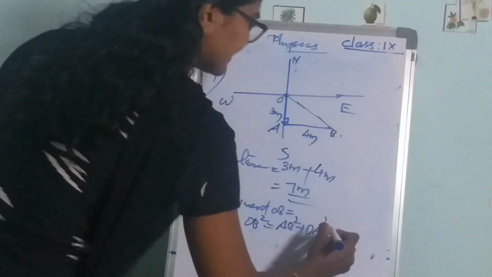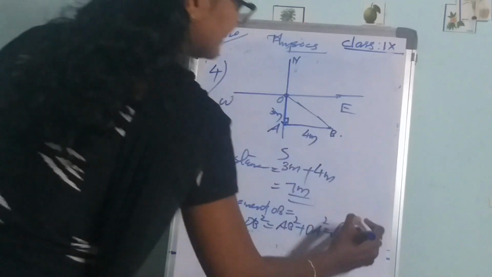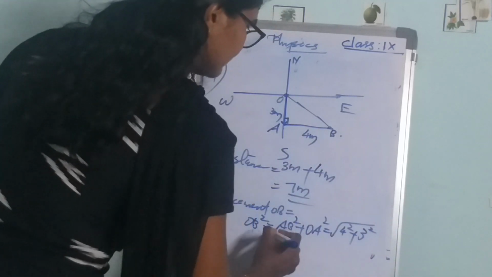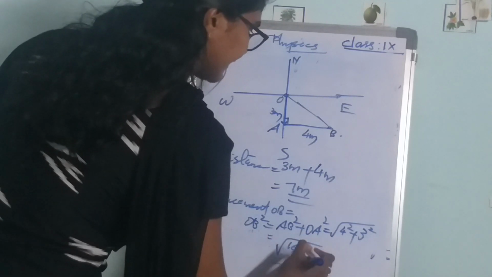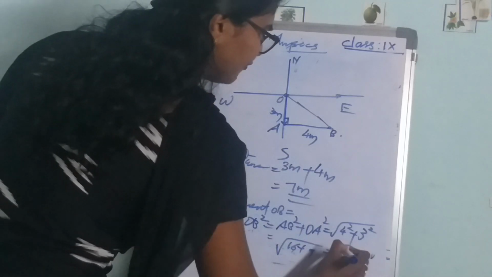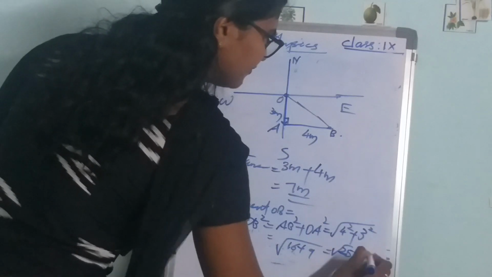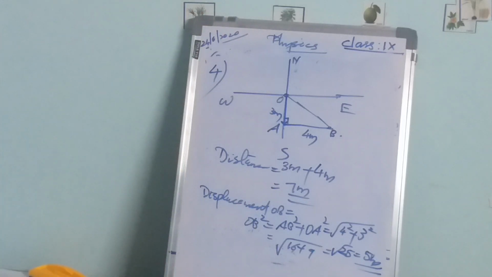AB is given as 4, that is 4 square, plus OA is 3 square. 4 square is 16, 3 square is 9, 16 plus 9 is 25. Square root of 25 is 5. Actually it is the displacement.